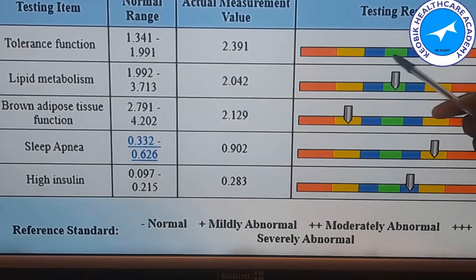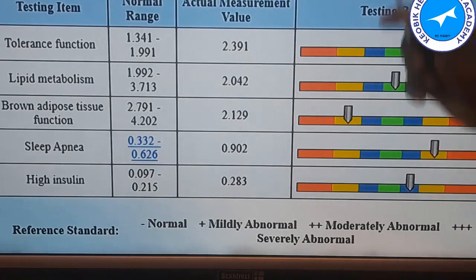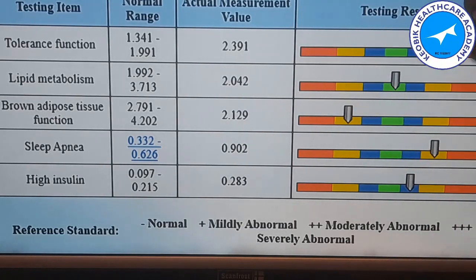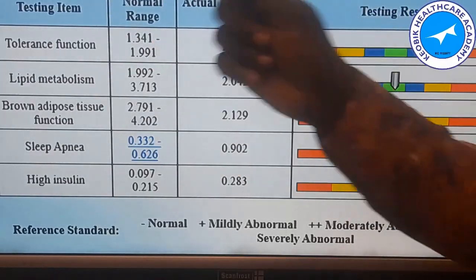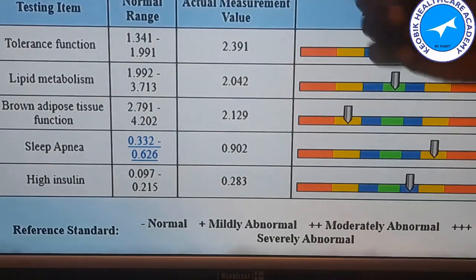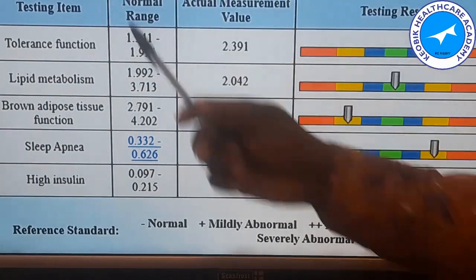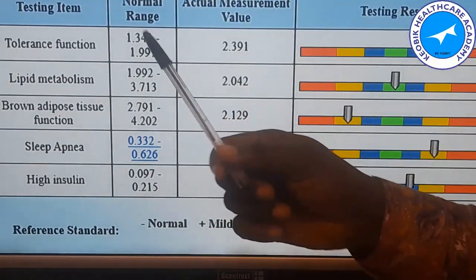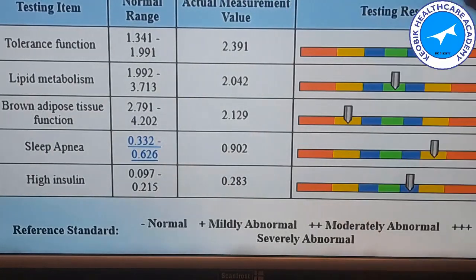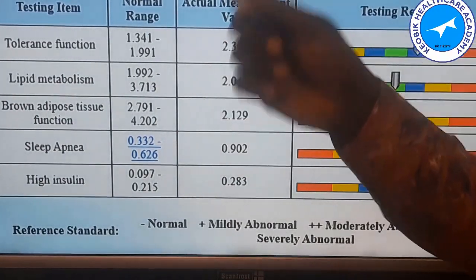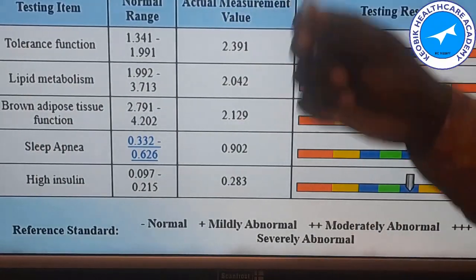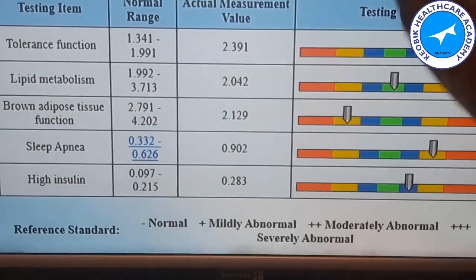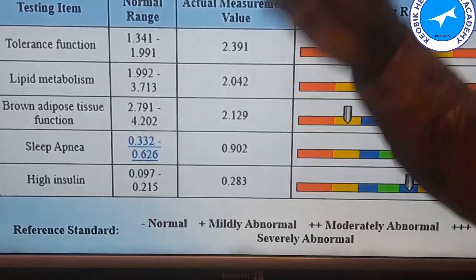But when we have a reading that is mildly abnormal low, moderately abnormal low, or severely abnormal low, it is showing a case of glucose intolerance, meaning that the body cells are finding it difficult to absorb glucose into the body cells, either on account of high insulin resistance, or on account of poor production of insulin.